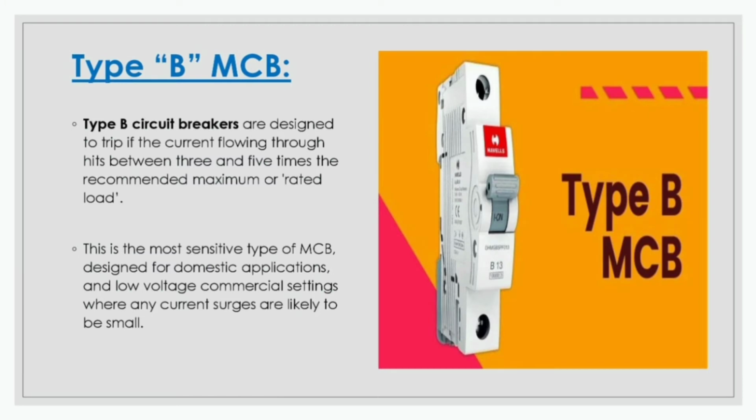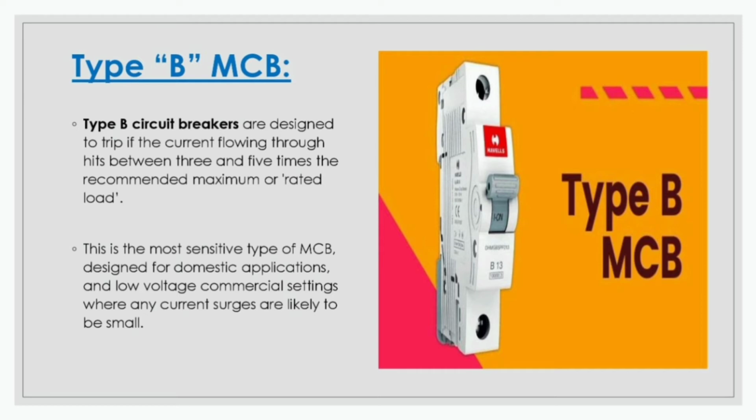Coming to type B MCB, type B circuit breakers are designed to trip if the current flow hits between 3 and 5 times the recommended maximum or rated load. This is the most sensitive type of MCB, designed for domestic applications and low voltage commercial settings where any current surges are likely to be small. We can use this B type MCB for resistive loads.